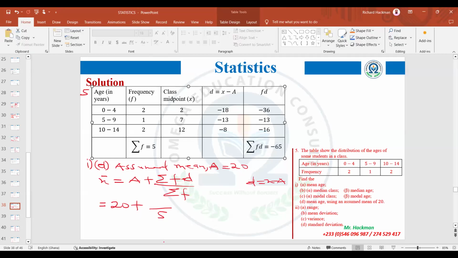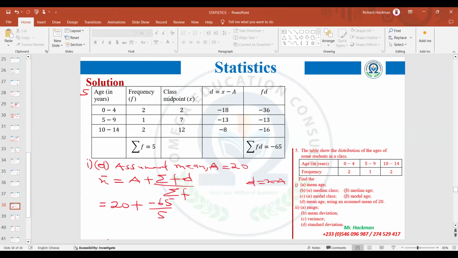So it means now the value here is negative 65. Like I said, because the assumed value here, the 20, is greater than your actual mean, when you sum the product of F and D, your result will be negative, so that you subtract to land at the actual answer.